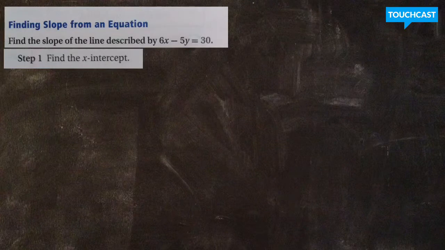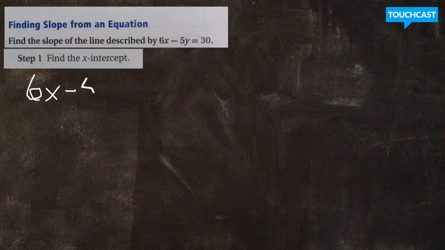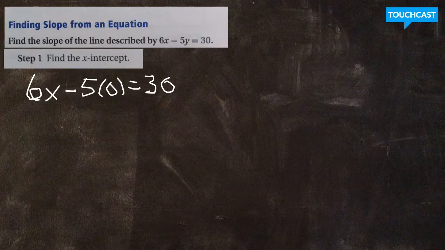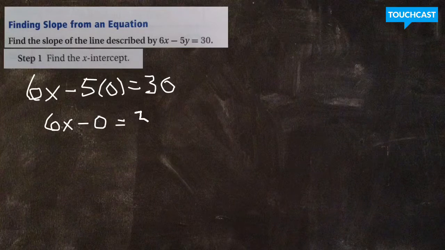So we have 6x minus 5 times 0 equals 30. Well, 5 times 0 is 0. So we've got 6x minus 0 equals 30.